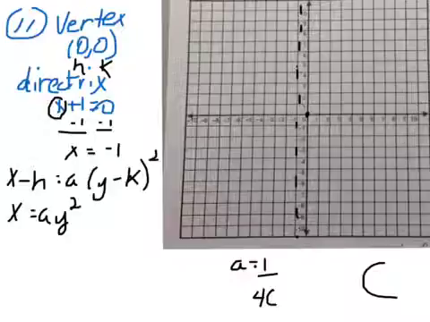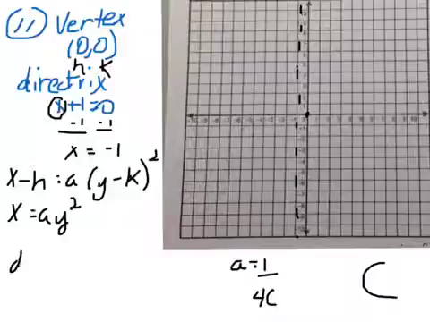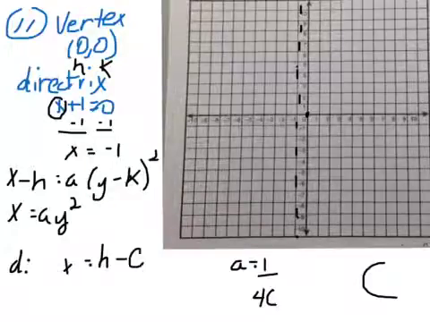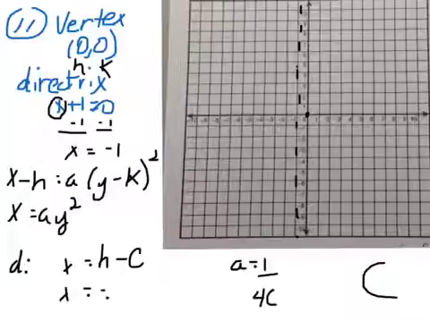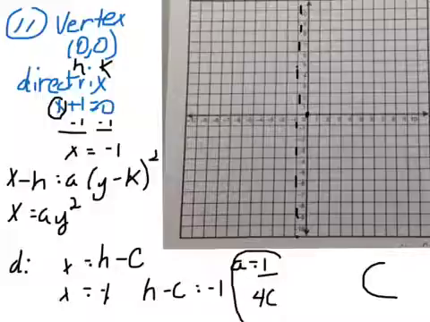Now, how am I going to find the a here? We know that our directrix is x equal h minus c, okay? Well, what is our directrix? It is x equal negative 1. So that means h minus c is negative 1. Now, I know what my h is. It was 0.